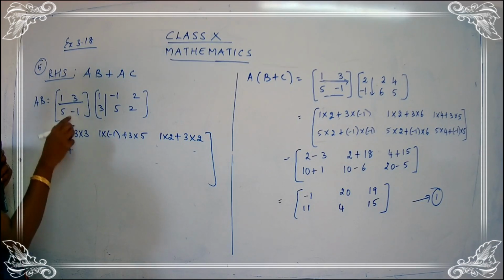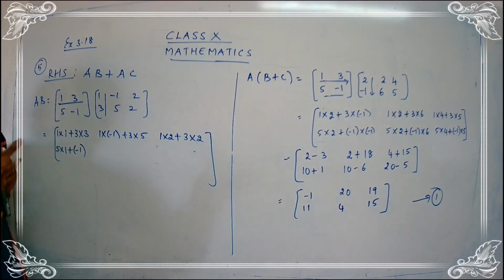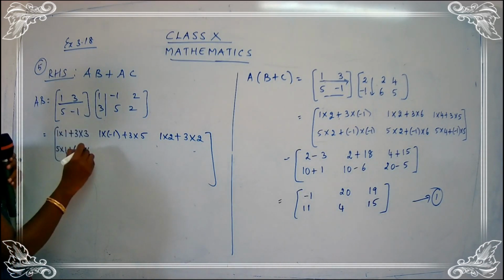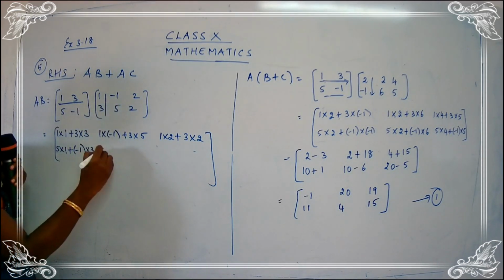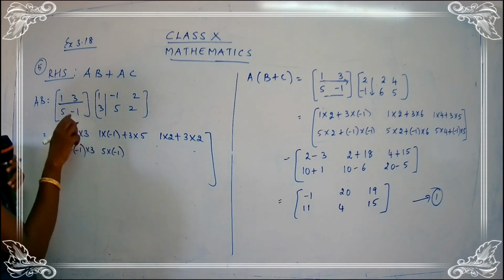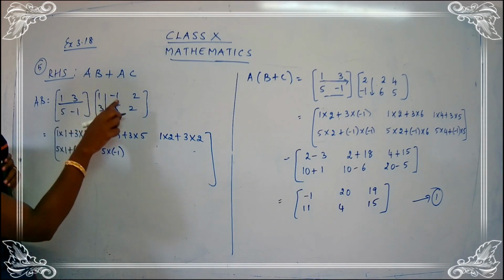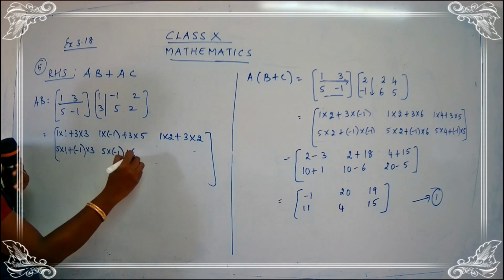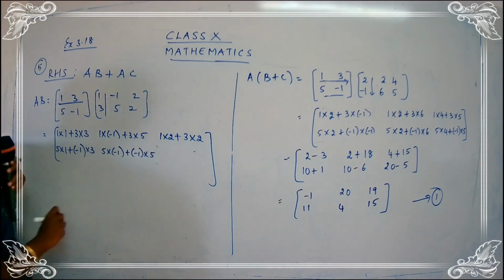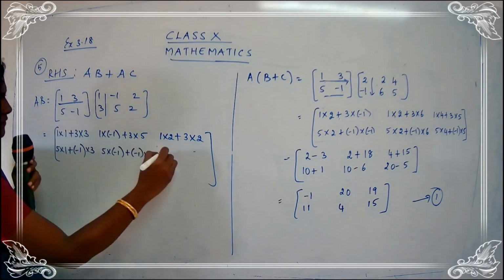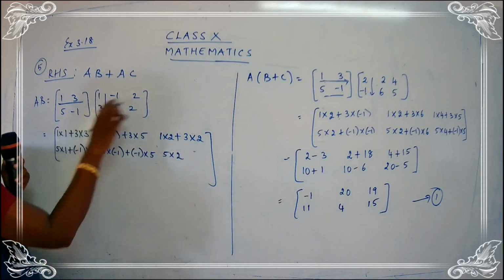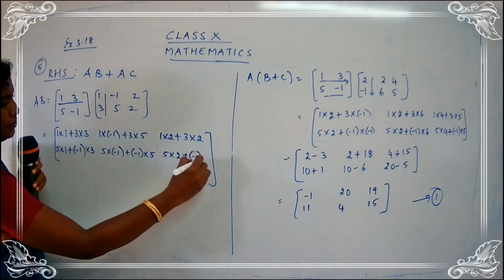5 into 1 plus minus 1 into 3. I have told you that whenever you have a negative sign, try to put it in a bracket. So 5 into minus 1 plus minus 1 into 5, 5 into 2 plus minus 1 into 2.